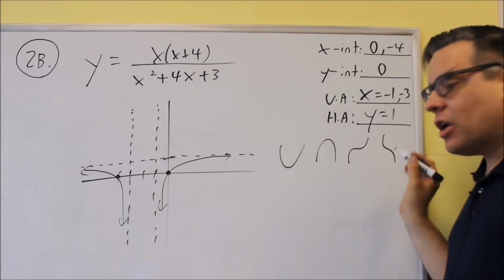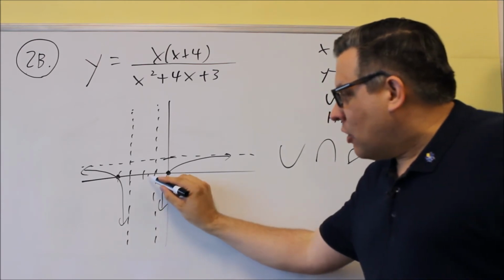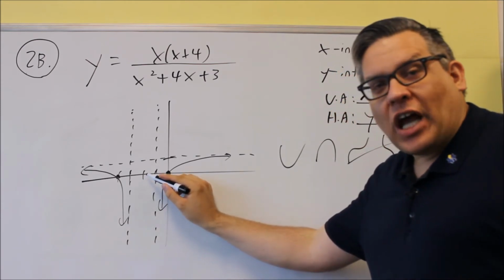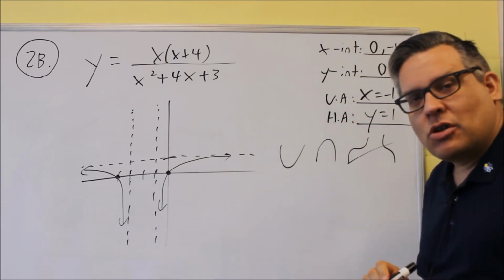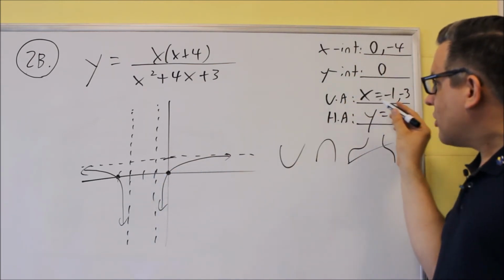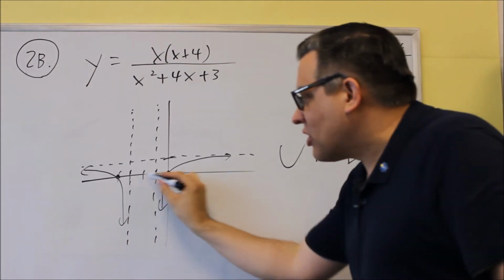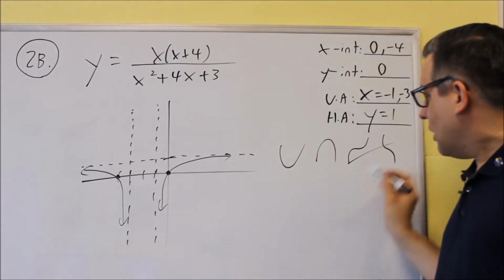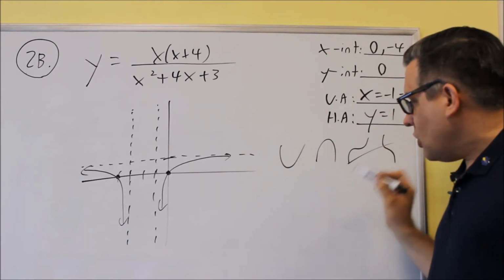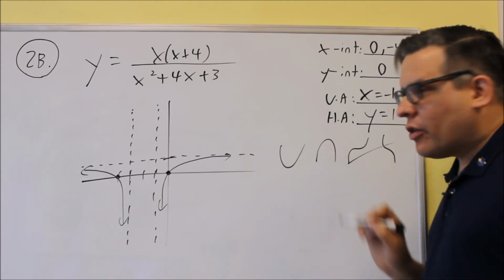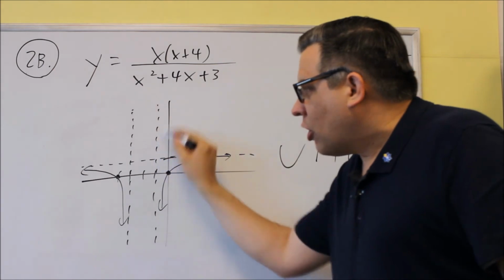The reason is that in order for that to occur, the graph would have to cross somewhere in between these two vertical asymptotes, but I don't have any information. When I solved for it, the only x-intercepts I got were 0 and negative 4. Because I know the graph does not cross there, I can't use these last two models. So those are out, and it must be one of these two: either the one that is down below or up above.